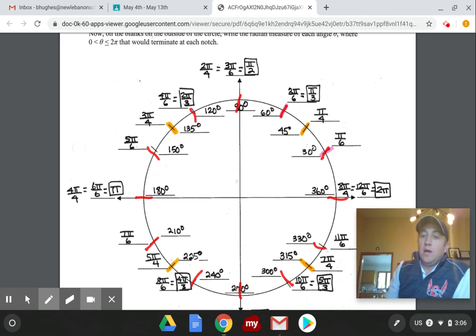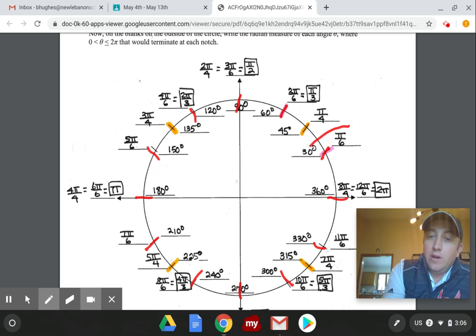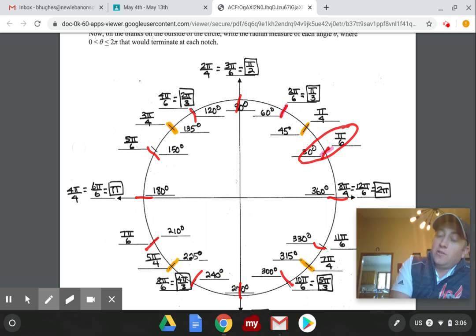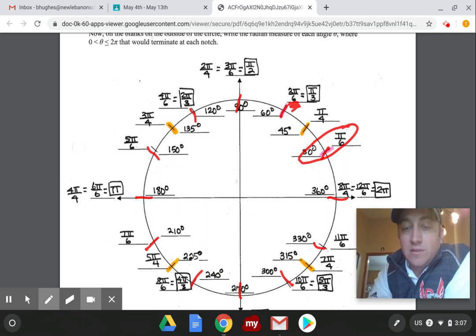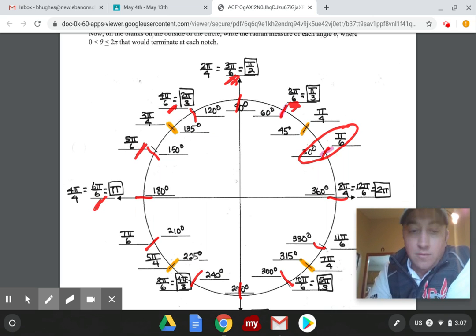If you know that the radian measure that goes with that is pi over 6, okay, 30 degrees is pi over 6. I can just use the fact that I went 30, 60, 90 and just did multiples of 30 and do the same thing with my radian measure. So right now at 30 degrees, I have 1 pi over 6. So at 60 degrees, I would have 2 pi over 6. And then I just need to reduce it. It's pi over 3. 3 pi over 6, 4 pi over 6, 5 pi over 6, 6 pi over 6.